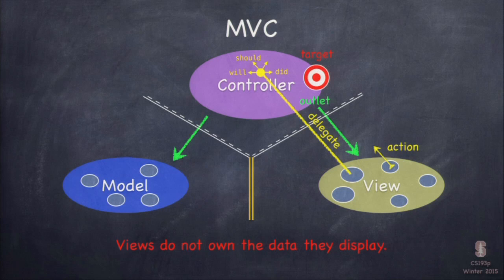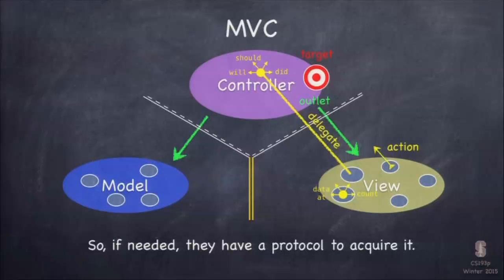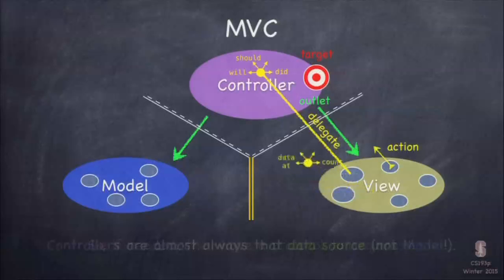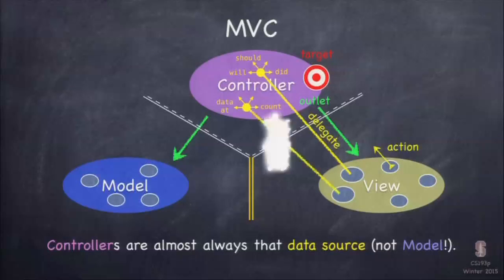And the view is displaying some sort of list, and you're touching down and flicking on the list and trying to see more songs. How does that communication happen? And the answer is, we have another special kind of delegate, which we call a data source. Now, the data source doesn't do the will, did, should. It's going to be asking questions like count, like how many songs are there?